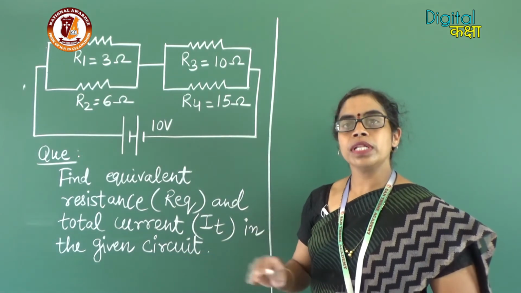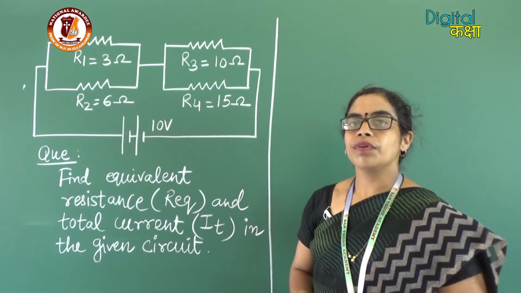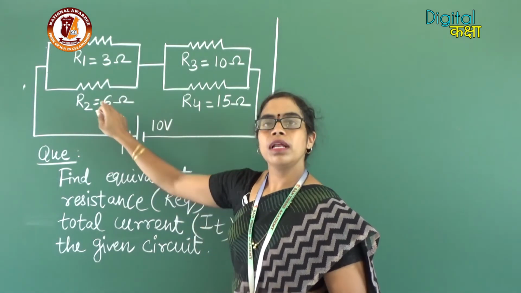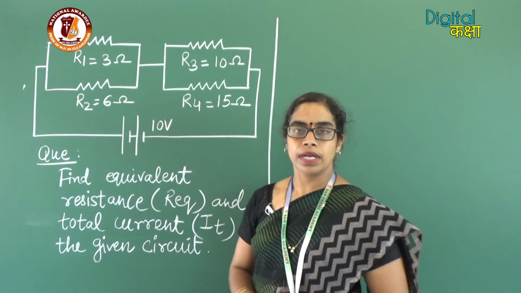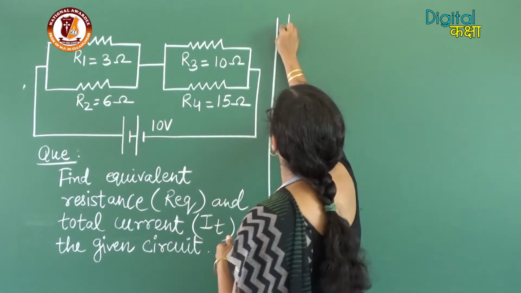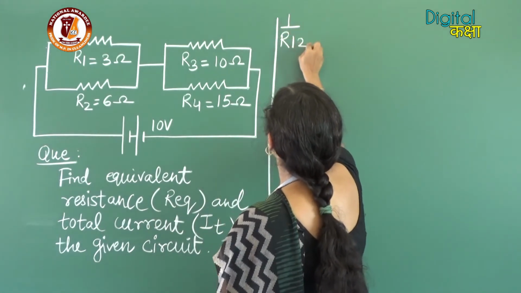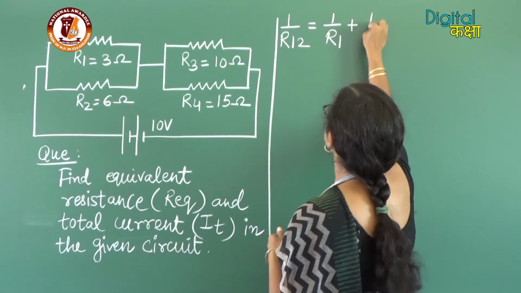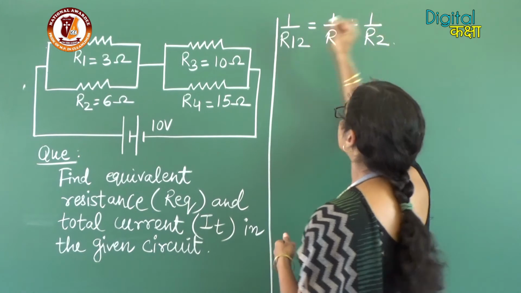So in this case, first of all, we will calculate the equivalent resistance for the parallel combination of R1 and R2 using the formula 1 upon R12 is equal to 1 upon R1 plus 1 upon R2.